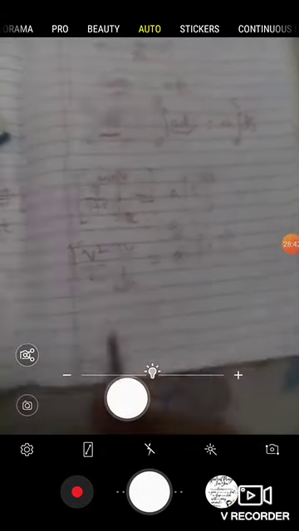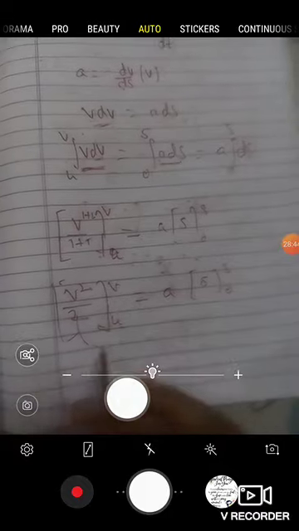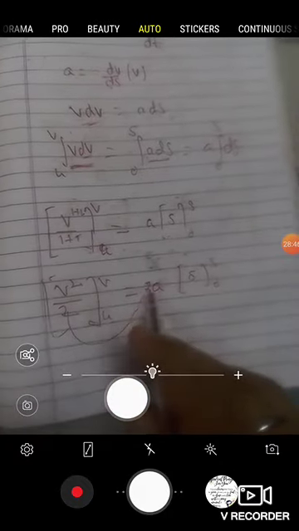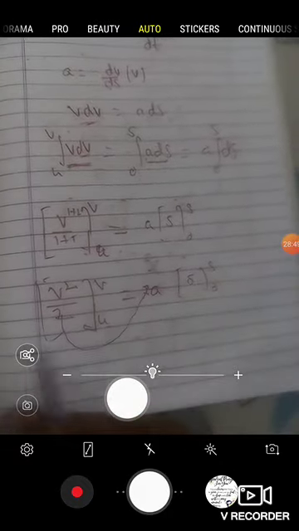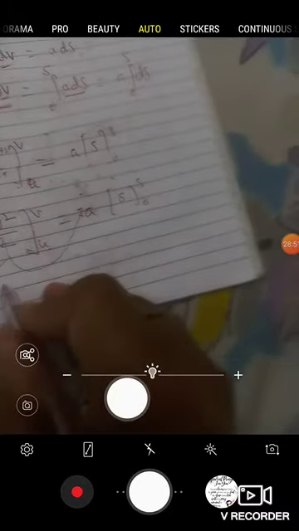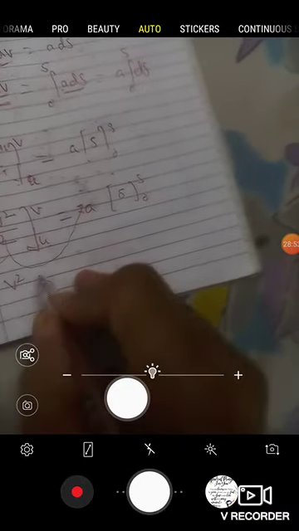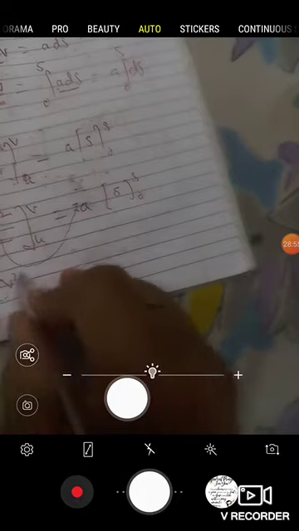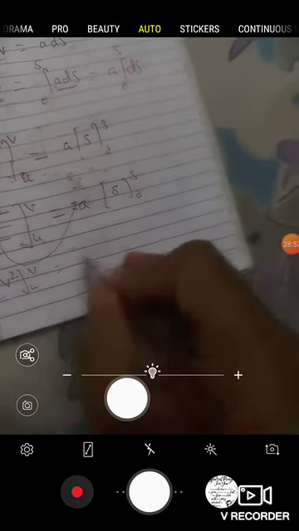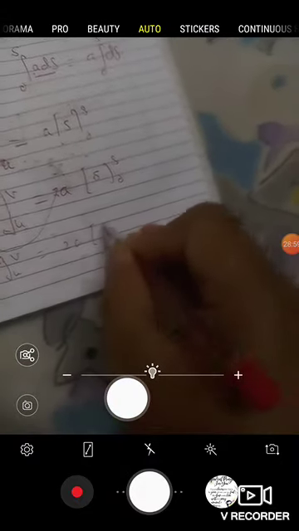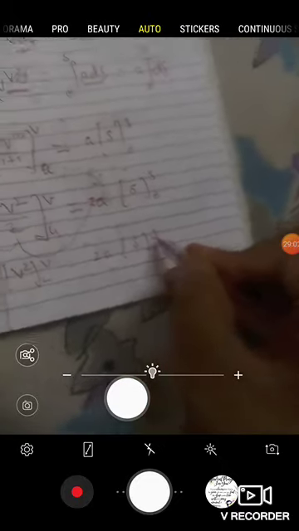Now this 2 is a constant term, that's why I will take this 2 on this side, multiplied by, because this is a constant term. So I will write here like this, v square, limit as u to v, is equal to 2a, here will be s, 0 to s.